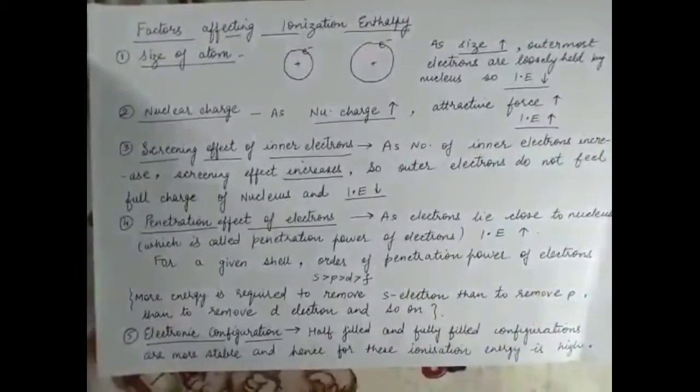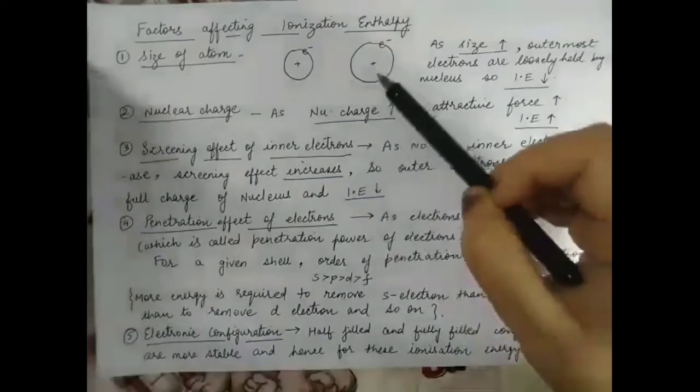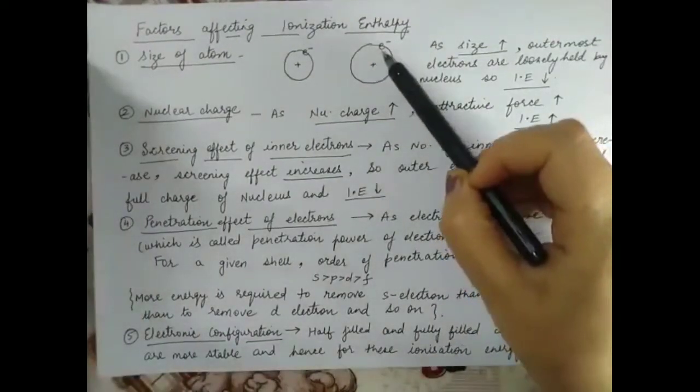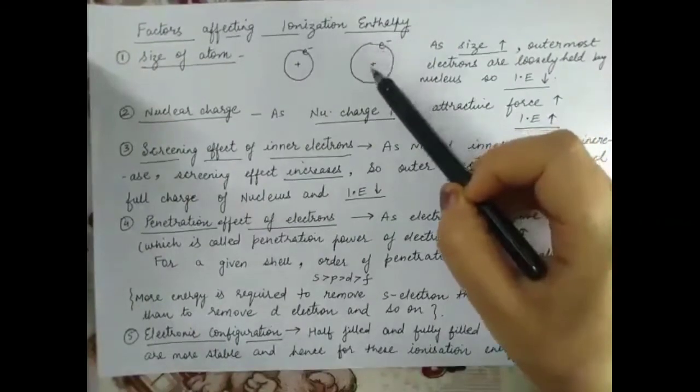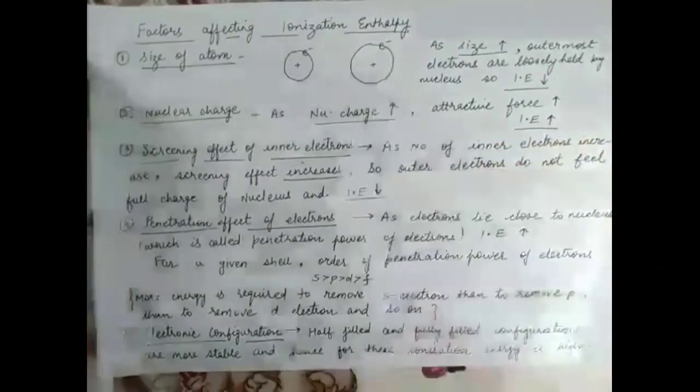So as the atomic size increases, the distance between nucleus and electron also increases. The magnitude of attractive force between nucleus and electron is inversely related to the distance. So if the distance between nucleus and electron is increasing, the magnitude of attractive force will decrease.